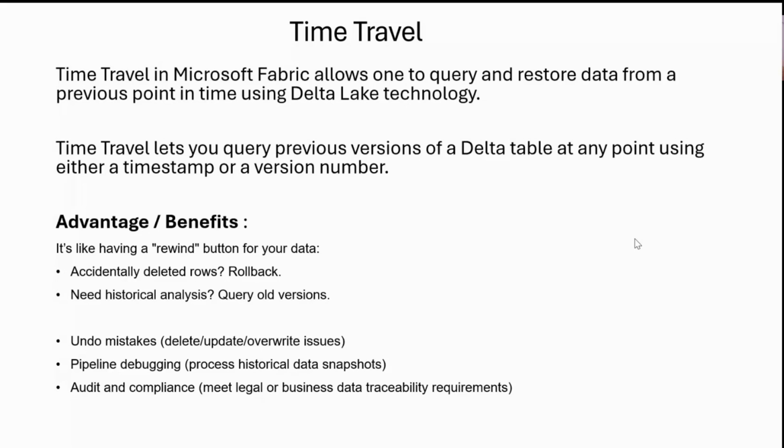You can query the old versions of the data. You can undo your mistakes, like accidentally deleting rows, updating rows, overwriting, and for data governance and compliance, wherein in case there are any needs, you can backtrack and identify the data as of that instance.